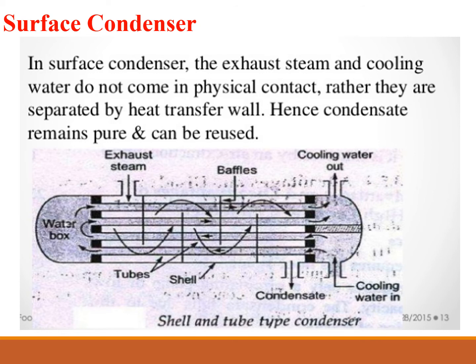The cooling water enters at one end of the tubes situated in the lower half of the condenser and, after flowing to the other end, returns in the opposite direction through the tubes situated in the upper half of the condenser. The condensate and uncondensable gas are removed from the bottom of the condenser.